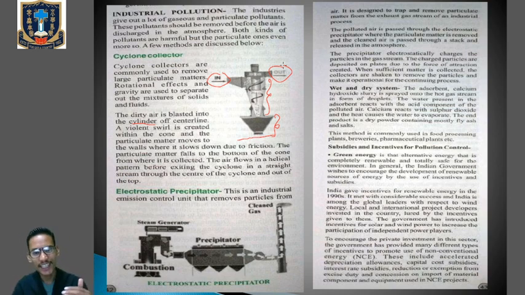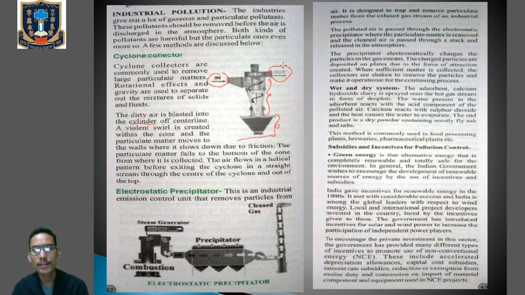Since the air is at high velocity, there will be a rotational effect, and the rotational effect and gravity will separate the particulate matter from the air. So there will be separation of particulate matter from the mixture of solids and fluids.